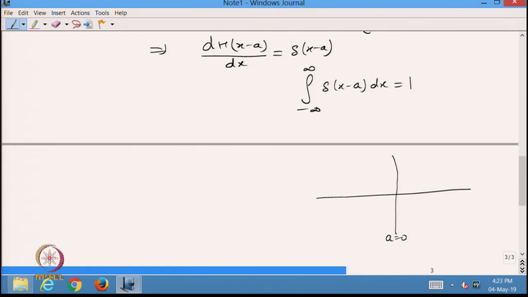The function is 0 everywhere, only at this point its value is unbounded, it goes very high. So this function has a 0 value everywhere except at a, and I have taken a equal to 0. In this case the Dirac delta function will be delta(x). This is how we can draw a little about the Dirac delta function.